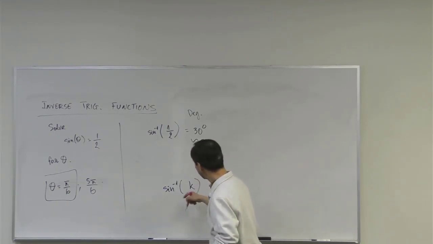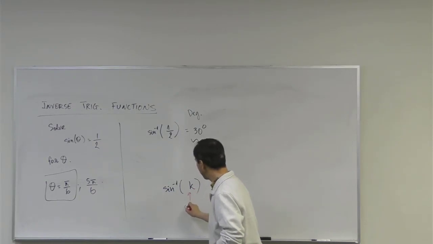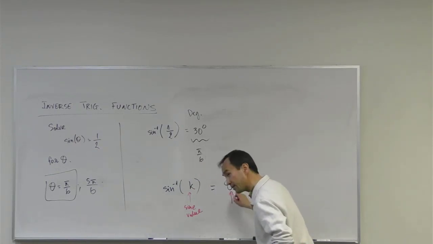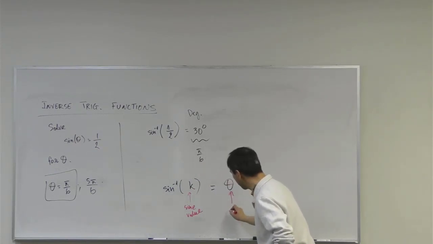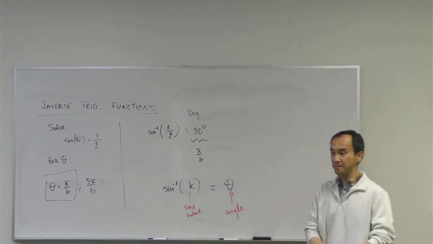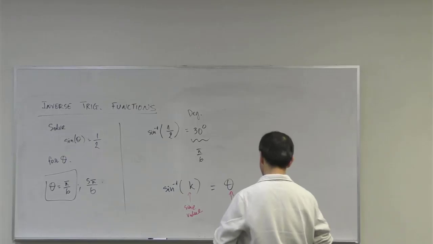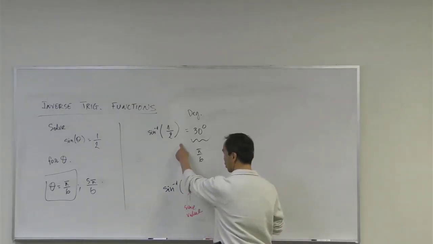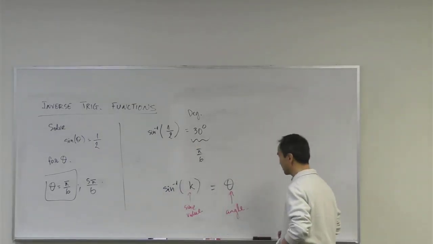When you take inverse trig of the sine, the number here is the sine value, and the final value right here is the angle. That's why we label it theta.